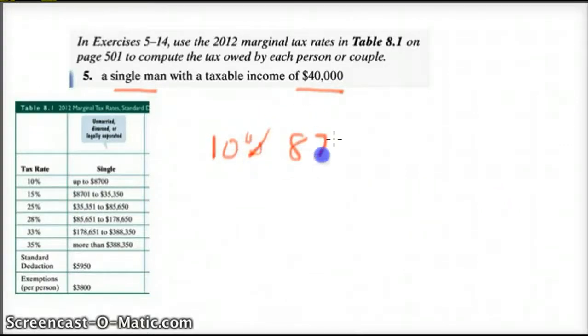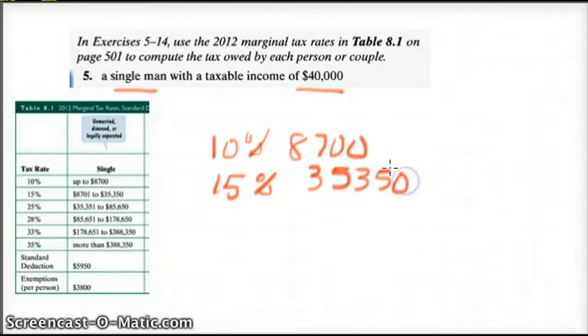I'm going to do this a little differently than in class. 8,700. 15%, that's up to 35,350. Now he made $40,000, so he's going to be in the 25% tax bracket. So this is 25%, and he made up to 40,000.